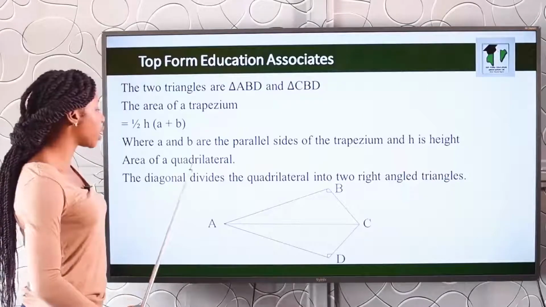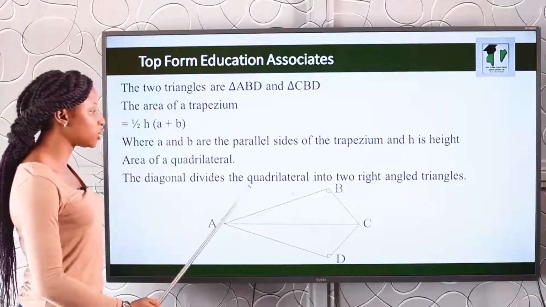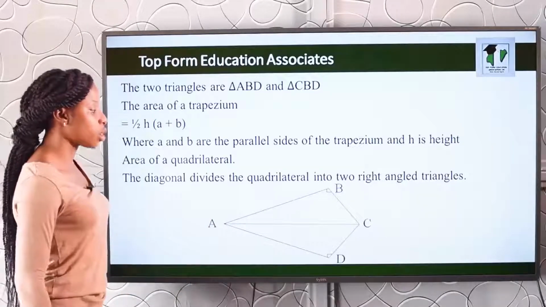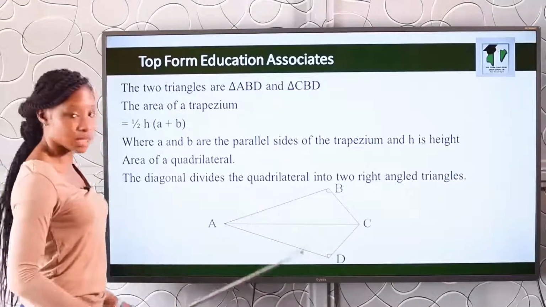Now, area of a quadrilateral. A diagonal divides a quadrilateral into two right-angled triangles, just like the rectangle.